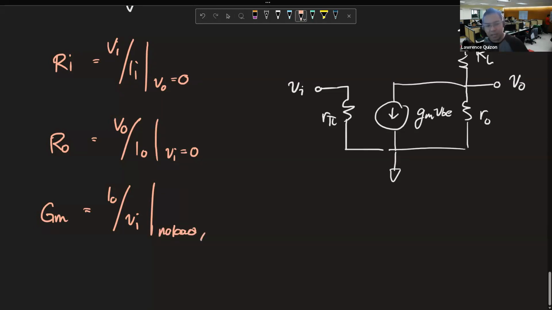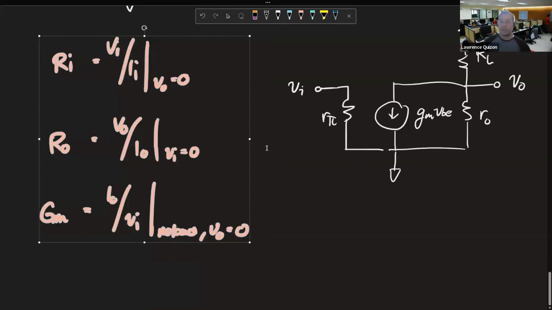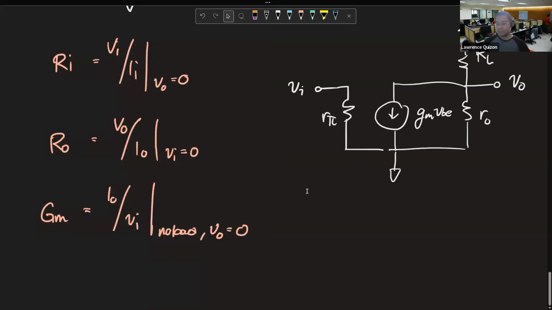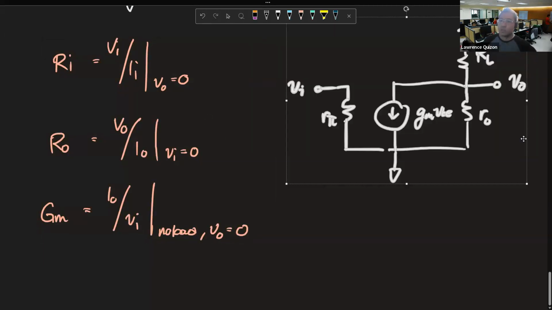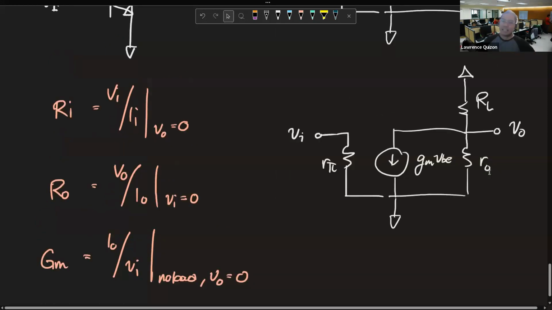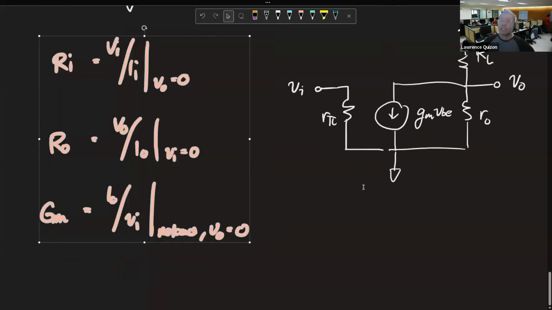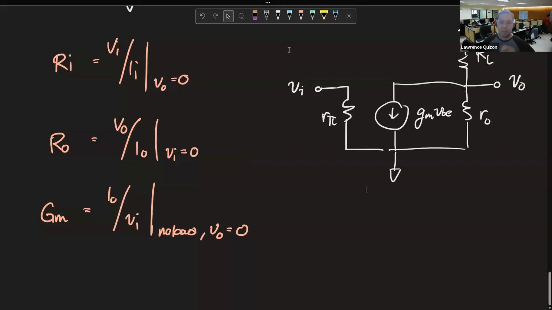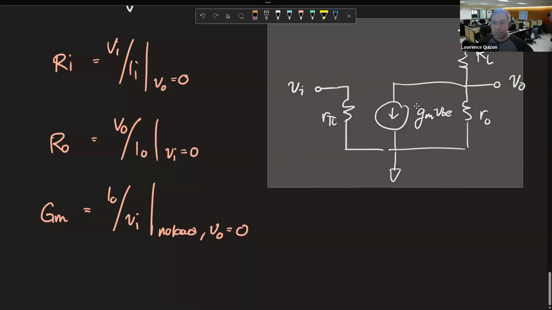So, no load siya, meaning V out is 0 din. No? And this is how we calculate these things. All right? So, these conditions are important to remember because you will be using them to do all of the small signal analysis. No? You will be calculating this all of the time. All right? So, sige, let's proceed.